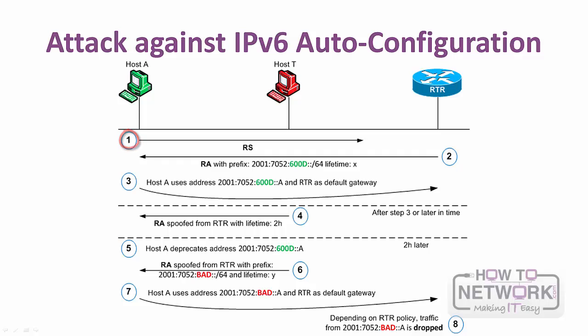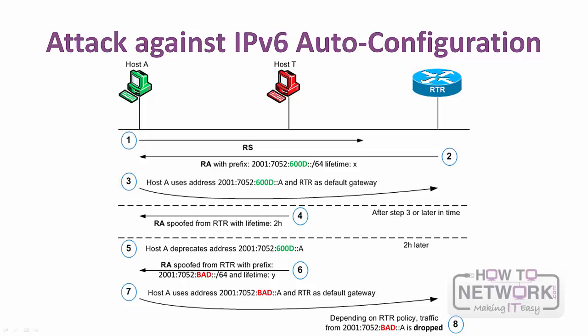Step 1. When host A needs to receive an IPv6 address, it sends an ICMPv6 router solicitation requesting the link information. Step 2. R1 responds with an ICMPv6 router advertisement that provides the IPv6 address prefix shown as 2001:7052:600D::/64 on the link and a lifetime X for it.